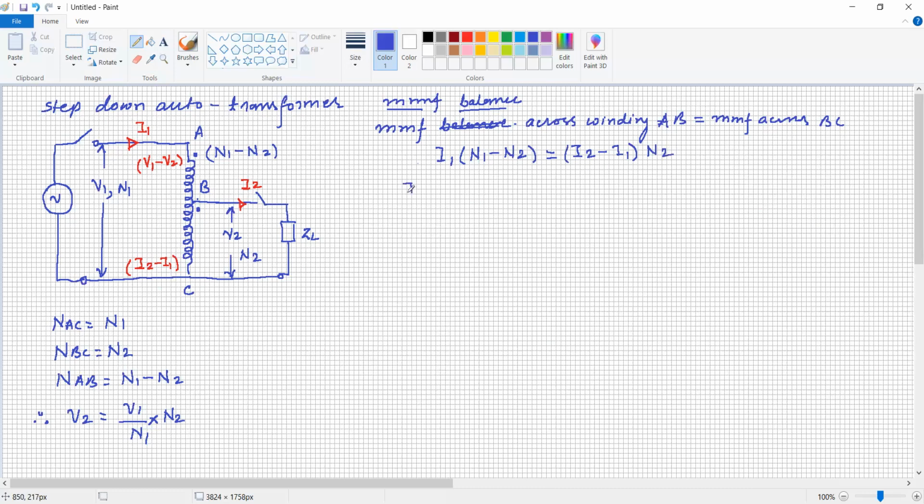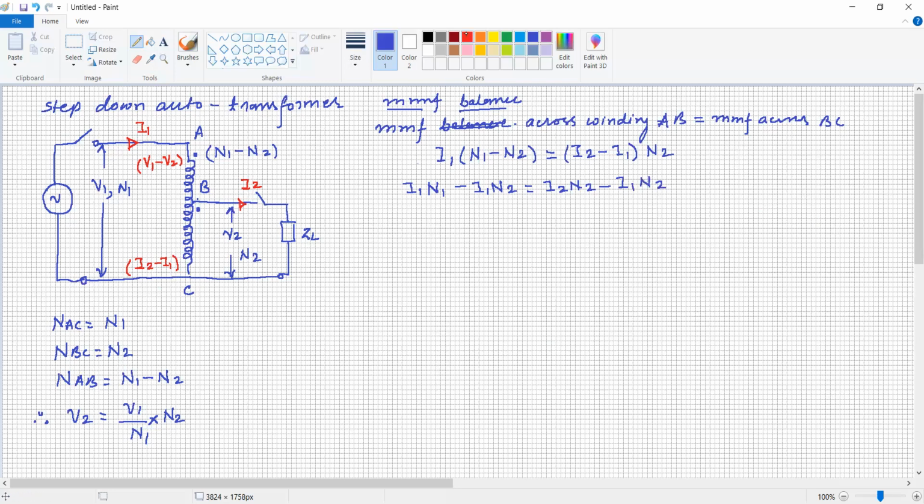Therefore, it is I1 N1 minus I1 N2 equal to I2 N2 minus I1 N2.